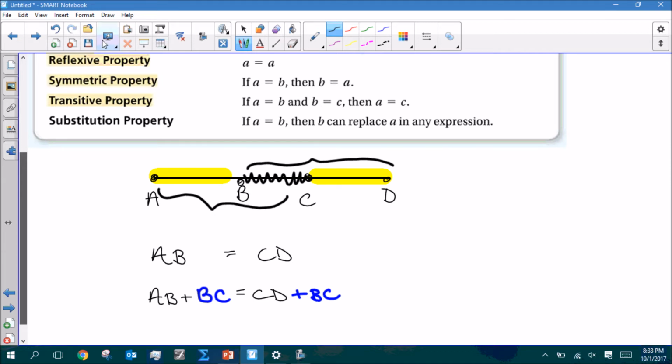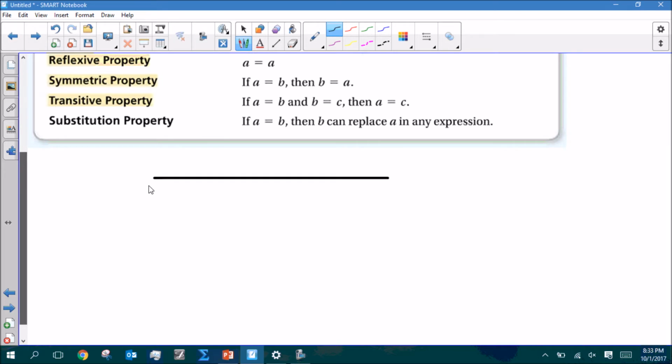Okay. Maybe if we start over with A, B, C, and D again, and put some concrete measurements in here. Let's say this is 10, and that's 10, and let's say BC is 8. Well, we all know that 10 is obviously equal to 10.